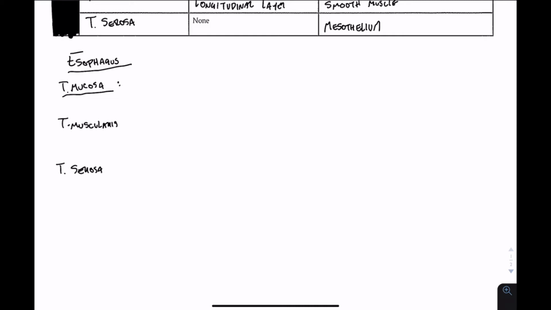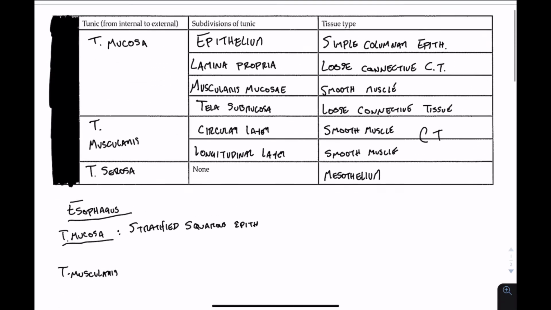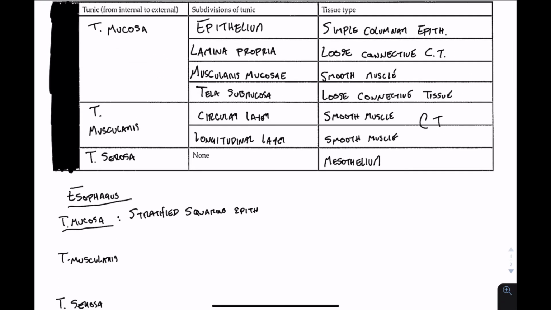Also, there's a lot of hard things that can go down our esophagus, like if we're swallowing. So the esophagus is going to be lined with stratified squamous epithelium, and that's just for protective factors. So the tunica mucosa of the esophagus is altered. Instead of having the simple columnar, we're going to have stratified squamous epithelium.